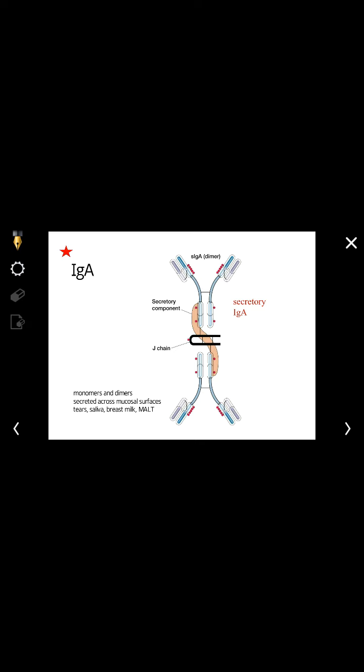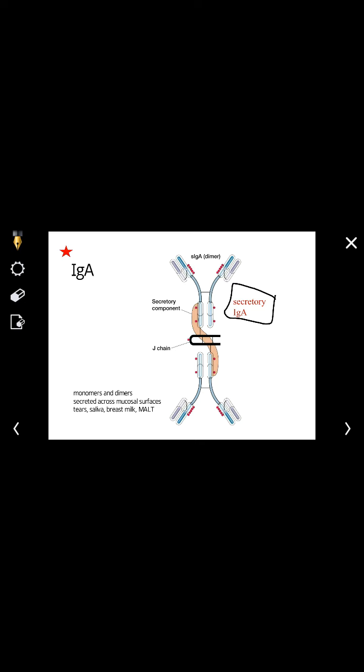IgA, immunoglobulin A. They're linked by a secretory component across the J chain. Basically, all it's saying about this is it's a dimer.